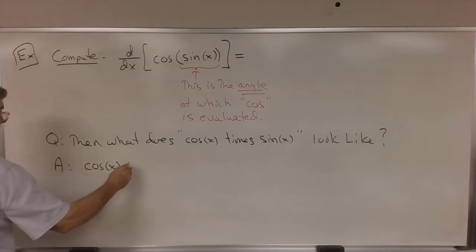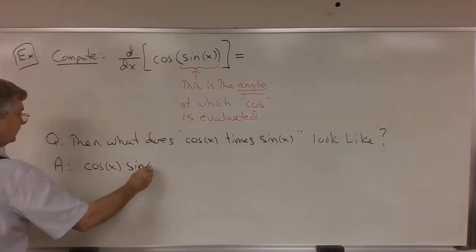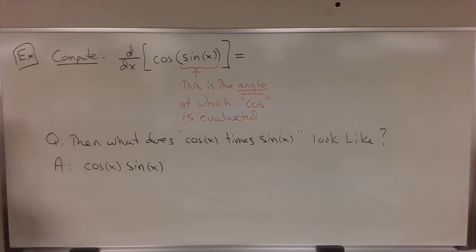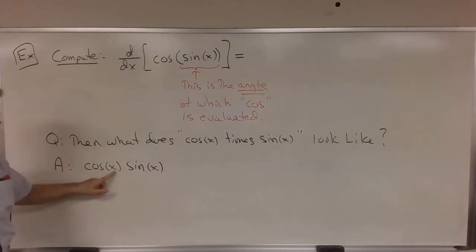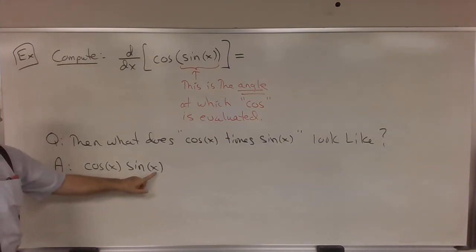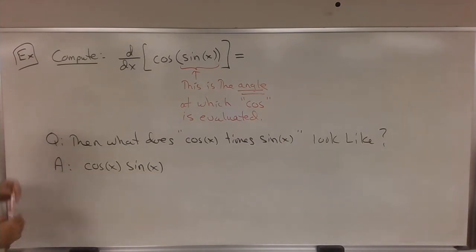Cosine of x times sine of x. And notice the cosine function has its own angle at which it's evaluated, just like the sine function has its own angle at which it's evaluated. So each of these things individually makes sense.